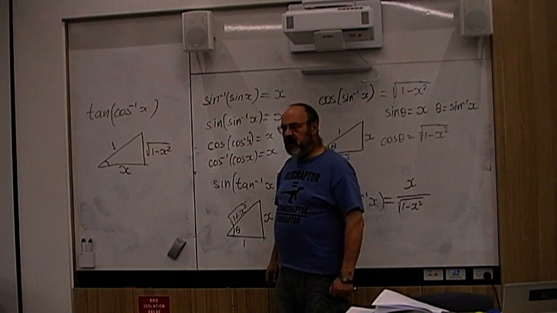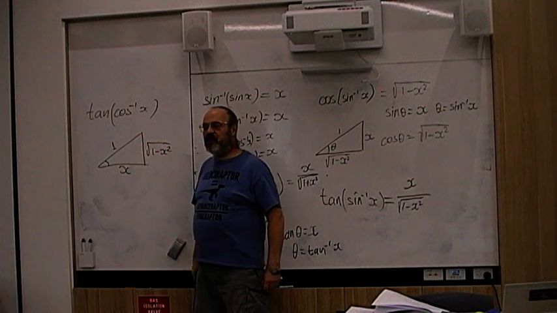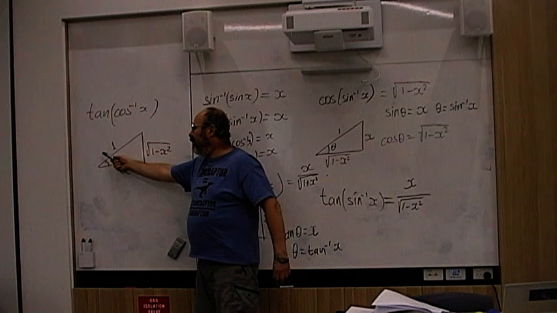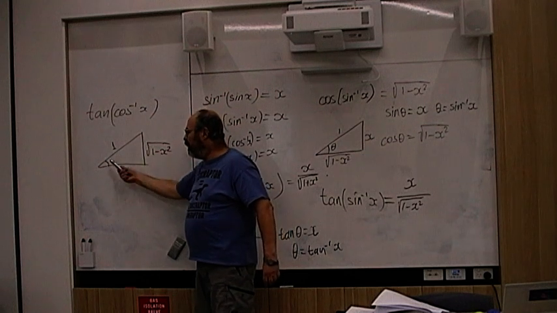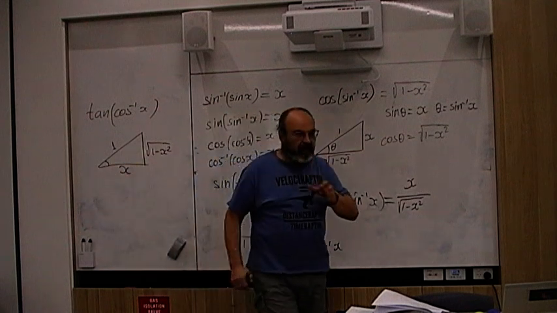No, it will be 1 and x all the time. You just need to position where to put x, and you might have either root of 1 minus x squared, or if you have x and 1 here, this will be root of 1 plus x squared. Make sense?